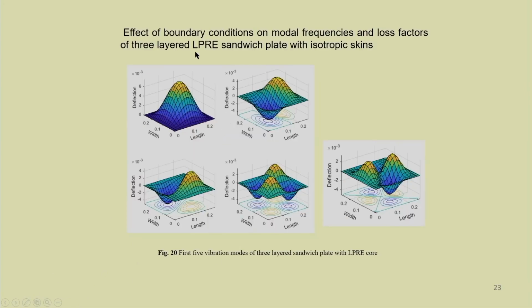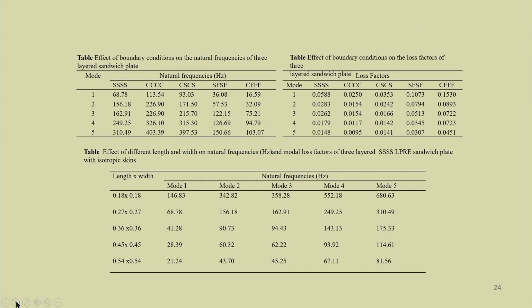You can see different modes: first mode, second mode, third mode. So, different modes of vibration of the sandwich plate. These are the different mode shapes one can see. Now, the effect of boundary conditions one can also study. For example, SSSS means 4 sides are simply supported, CCCC means 4 sides are clamped, then CS: one side clamped, next side simply supported, then the other side clamped, then simply supported.